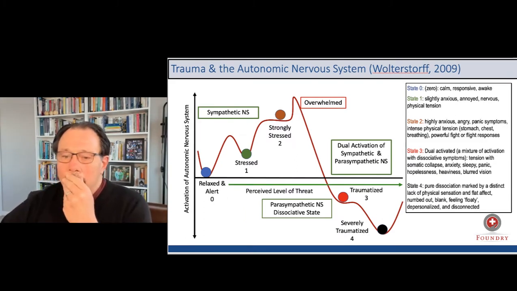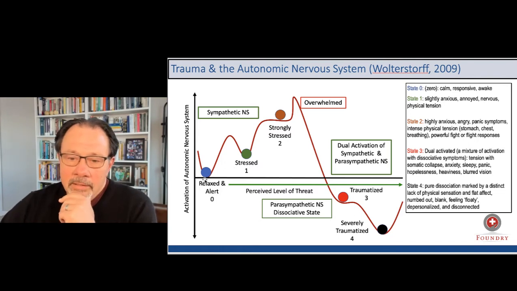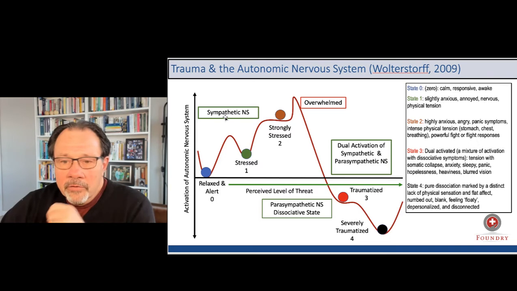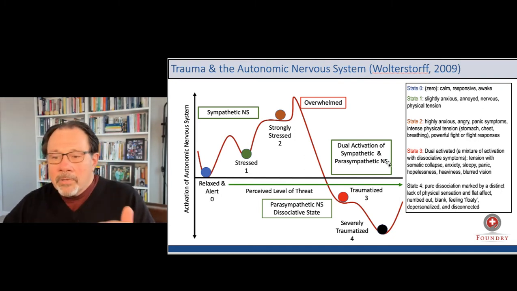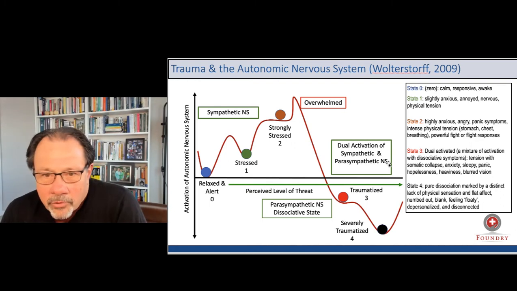And so let's start with the sympathetic nervous system, which is the part of the autonomic nervous system that has to do with turning things on. And the parasympathetic nervous system is the opposite system that has to do with turning things off.